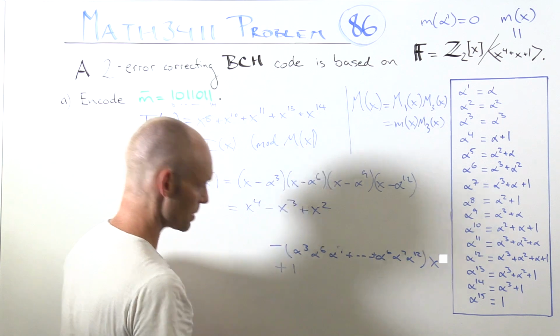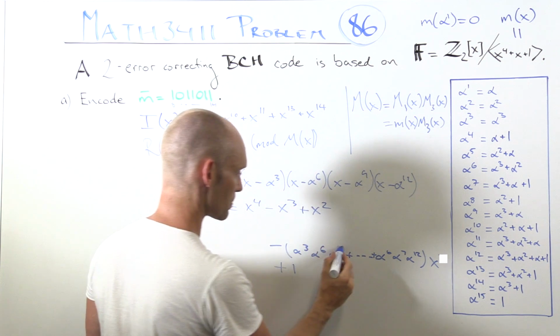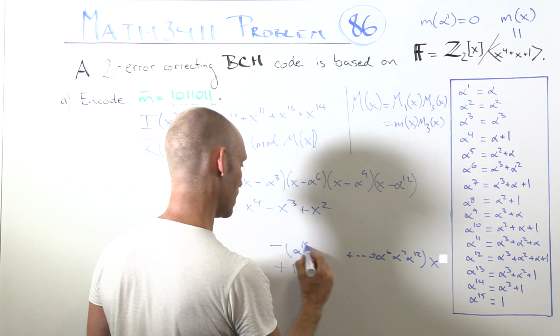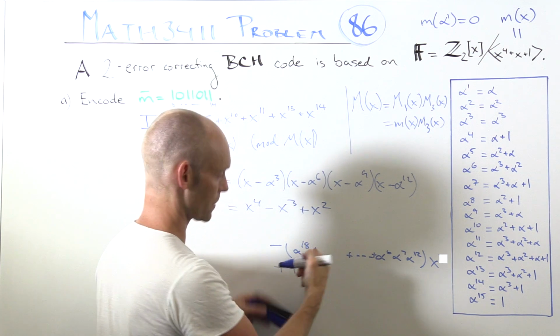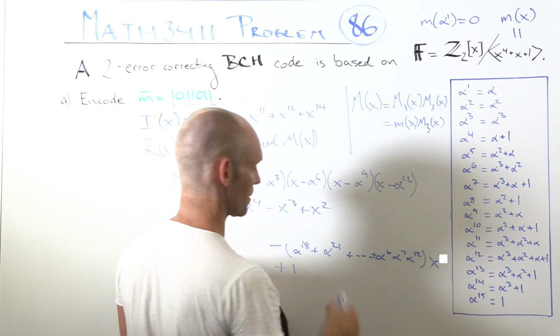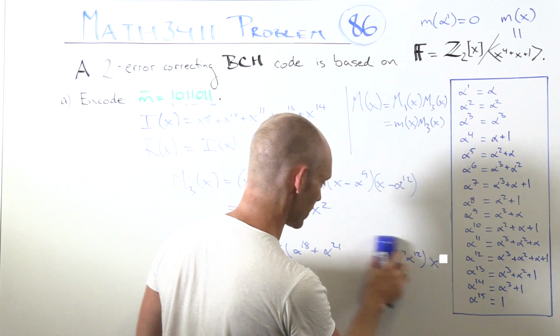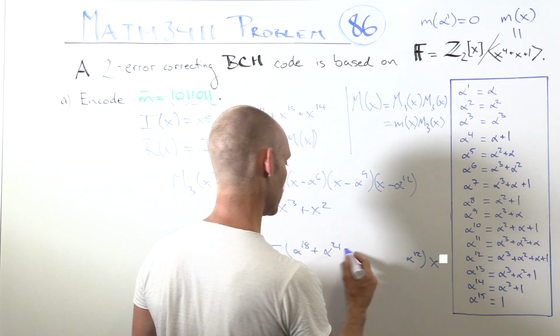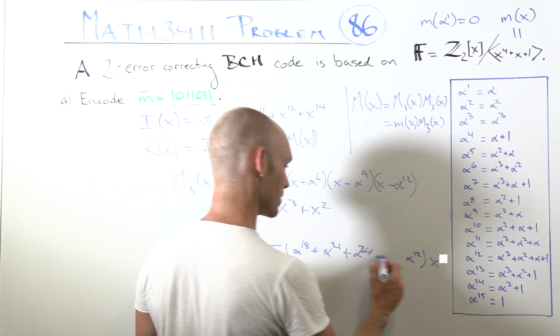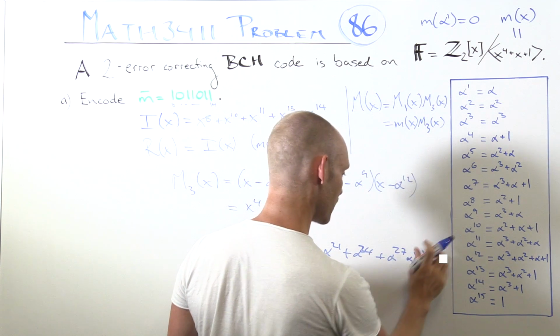Now for these numbers here, well, we've got 3 plus 6 plus 9, that's 18. The next term is going to be 3 plus 6 plus 12, so it's 21. And then we can replace the 6 by 9, that'll give us 24. And finally the 3 by 6, and that'll give us 27.